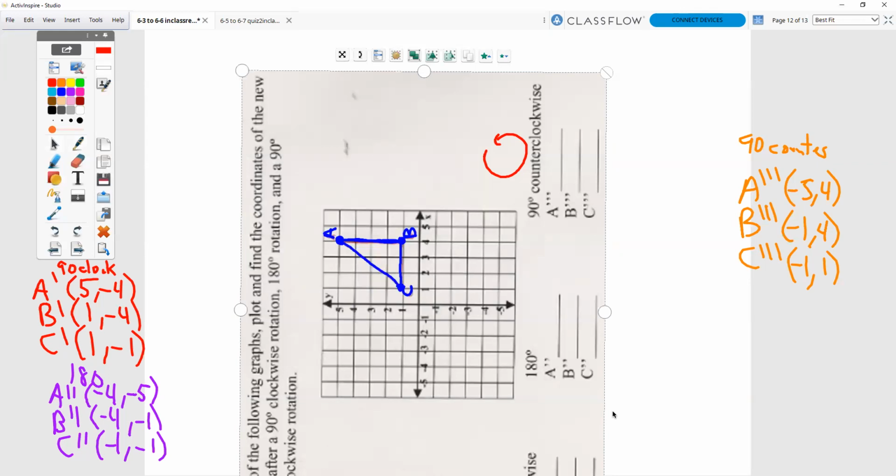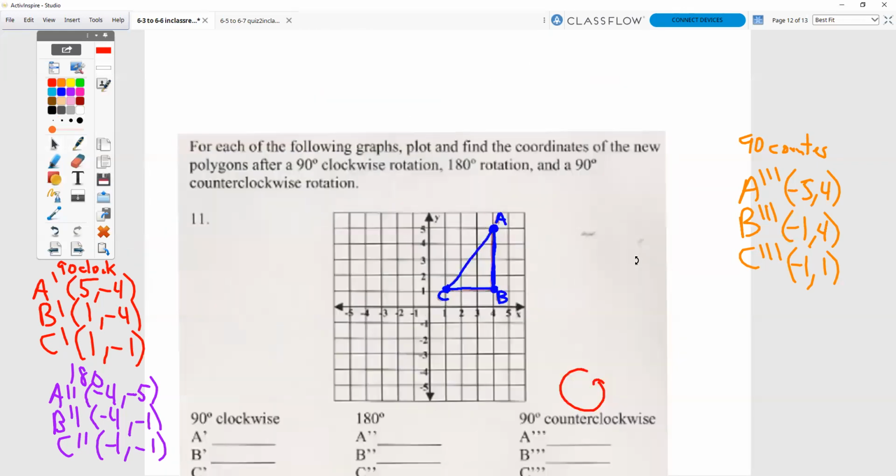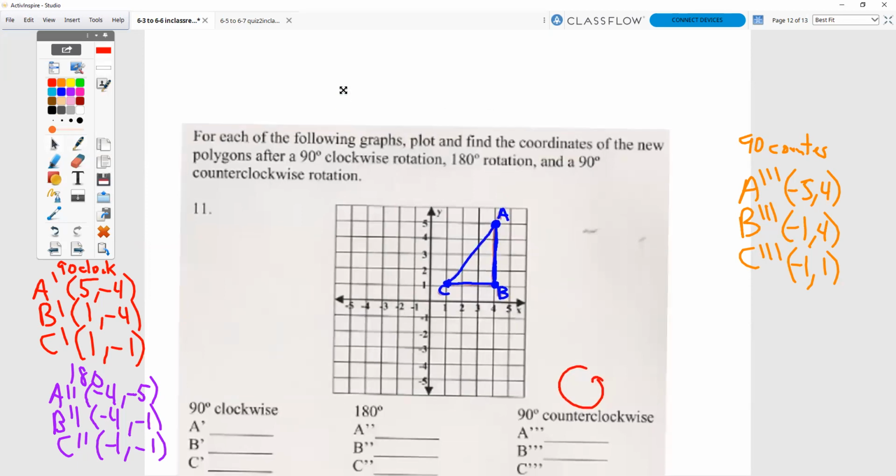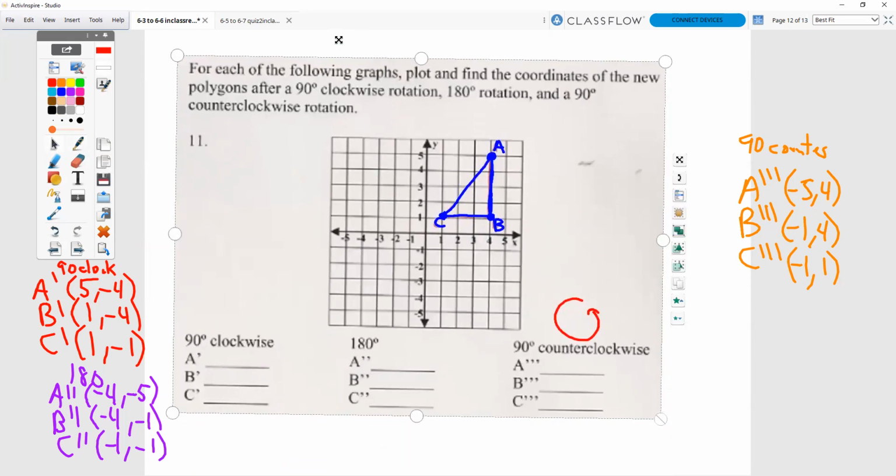So now that I have my points, I'm going to turn my paper back to normal. And I'm going to graph these. Lost my little picture here. Clockwise goes around like the hands of a clock. So 90 degrees clockwise, that is 5, -4.